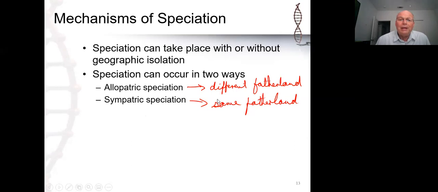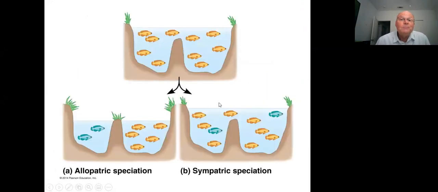We'll take a look at allopatric speciation first, because that's the easiest to understand. Sympatric speciation is a little bit more complicated because we're looking at speciation within the same geographic location rather than separate geographic locations.